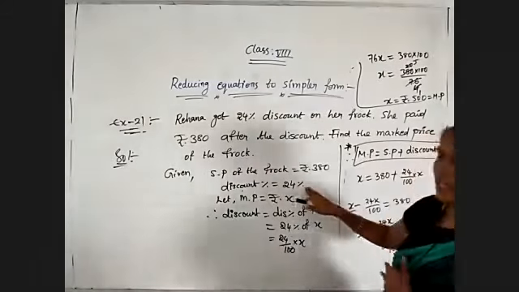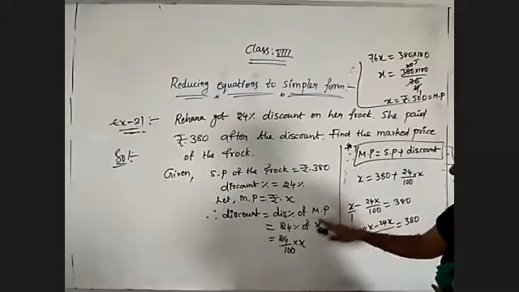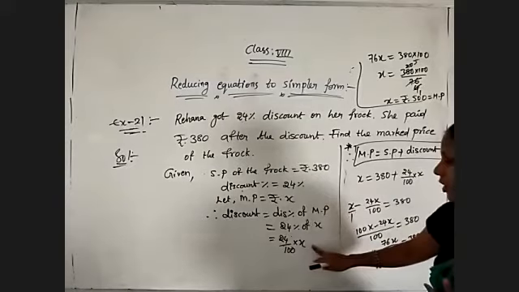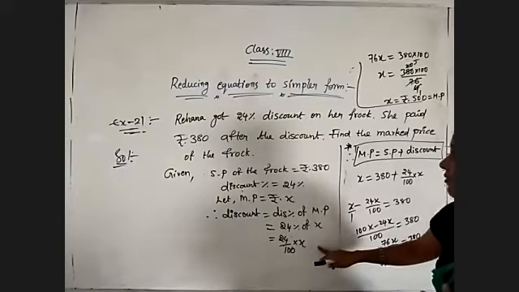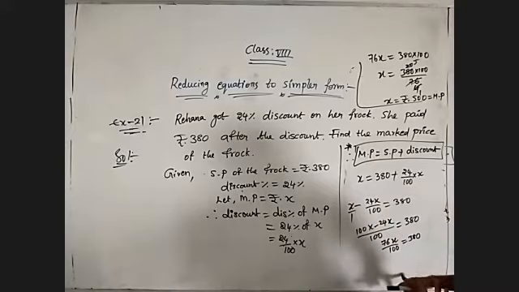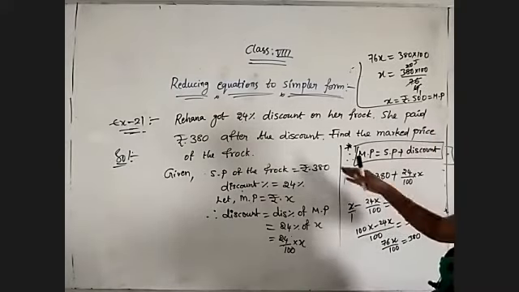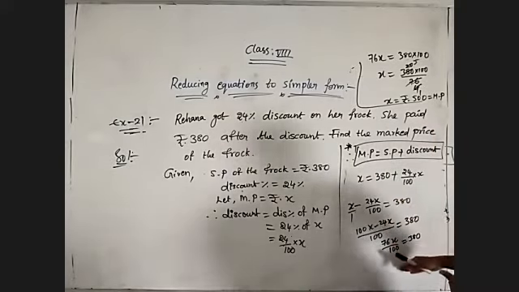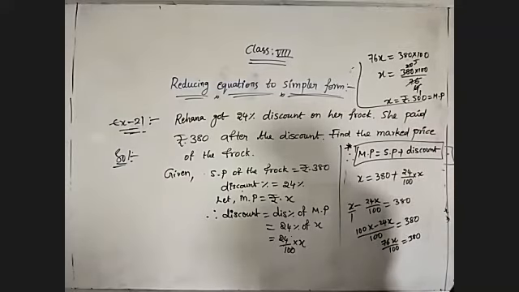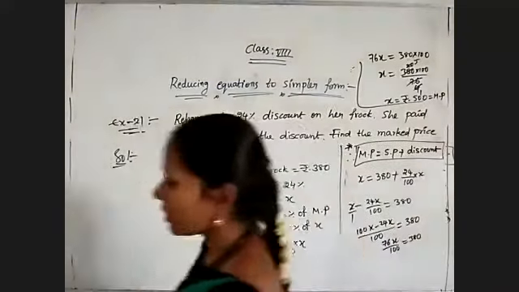Discount percentage 24% is given. So 24% of MP. MP I have chosen as X. Okay. 24% of X I found. Now substitute all the values whatever they have given. Simplify the equation. You will get the answer. So reducing the equation to simple form, we got the solution. Okay. Now coming to the next question.